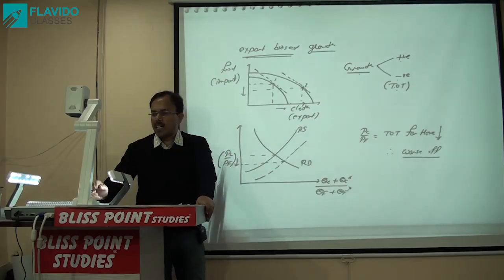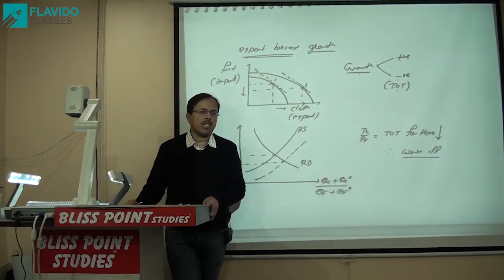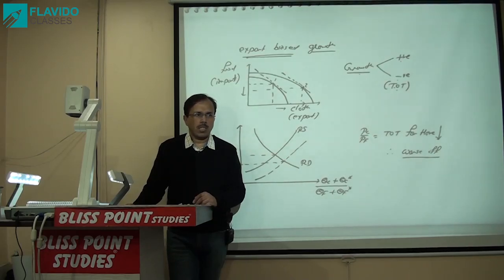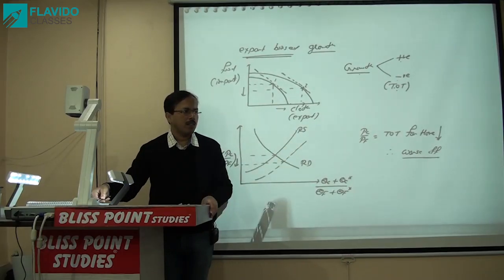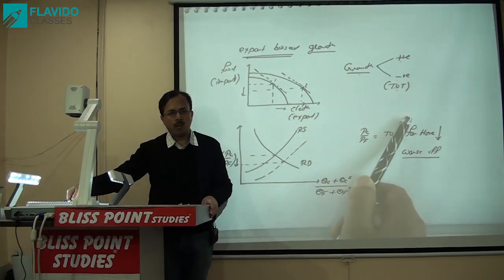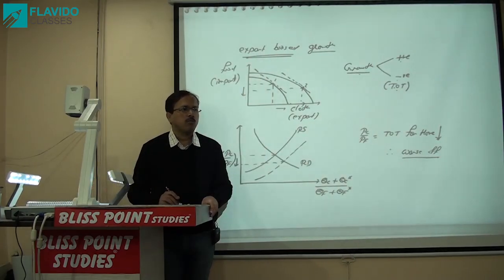So in the case of export bias growth, you use the word immiserizing growth, not for import bias growth. In the case of import bias growth, what will happen? That will become one part of the answer. We will draw a parallel diagram. For import bias growth, it will shift more in the direction of food.